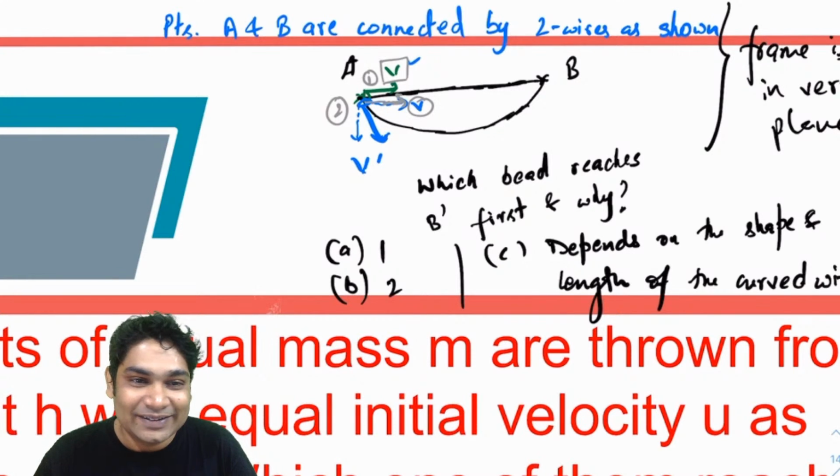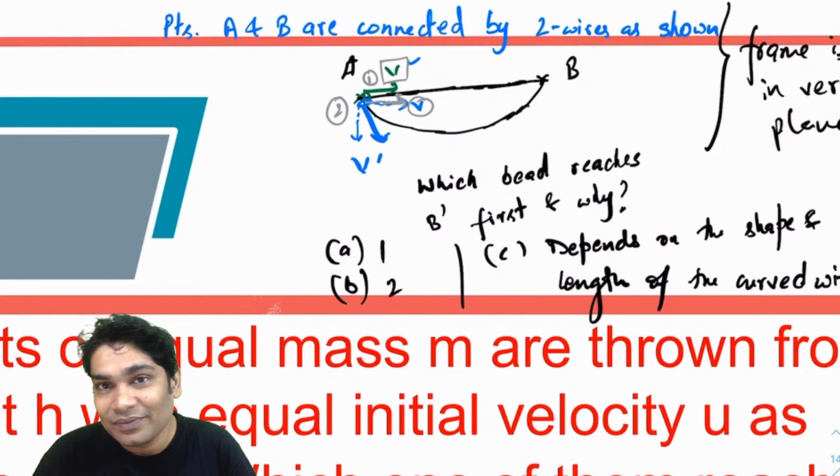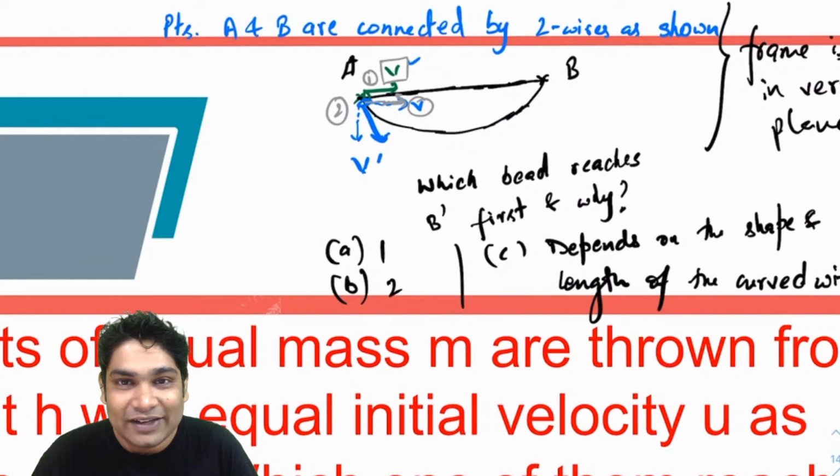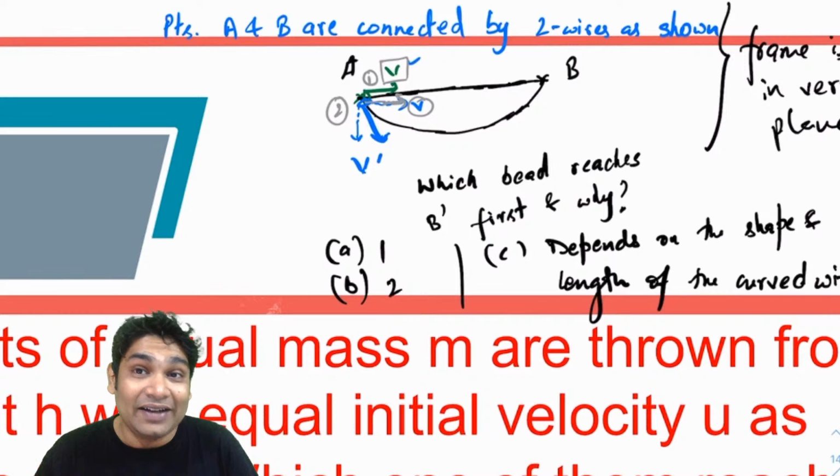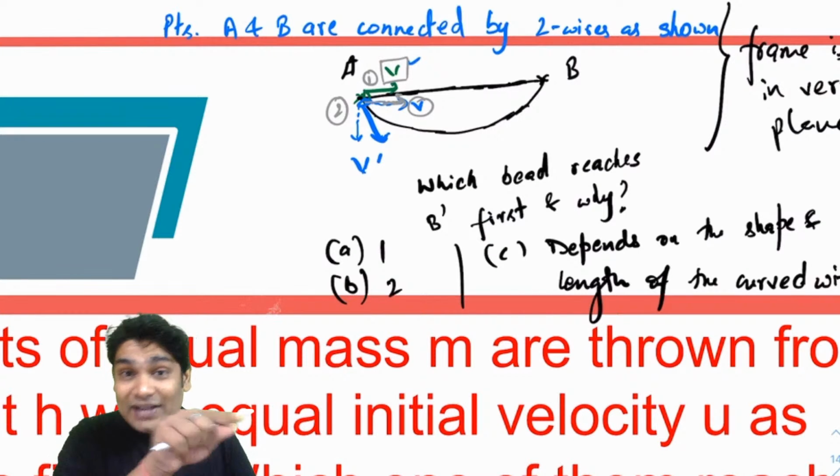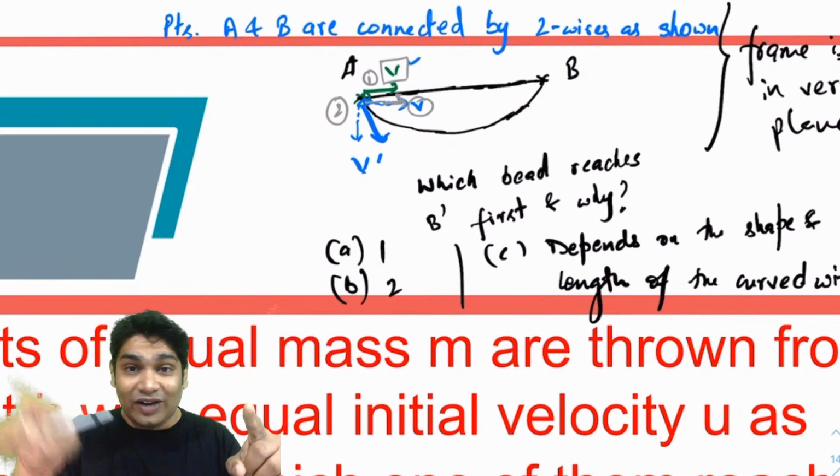Alright, how about others? Think about this. Let's wait for others to answer. Let me repeat the question till then. The points A and B are connected by 2 wires as shown. One is a horizontal wire and another is a curved wire.